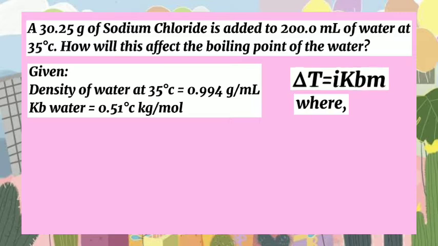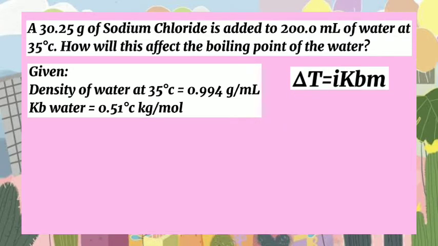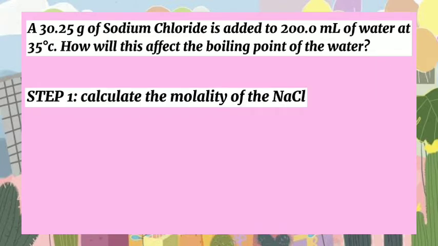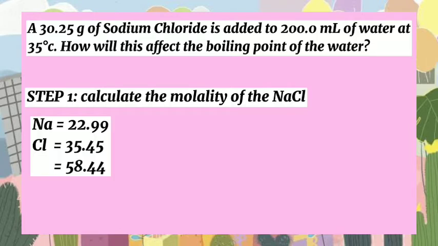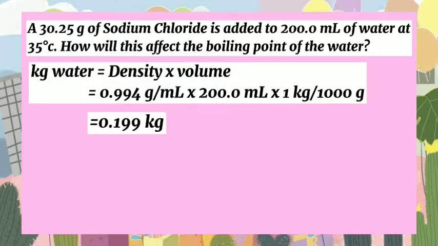To find the temperature change, the elevation of a solvent by a solute, use this equation. The first step is the calculation of the molality of the sodium chloride. From getting the sum of the atomic mass of the compound to calculating its mole, and then the mass of water, which is multiplying the density by the volume.